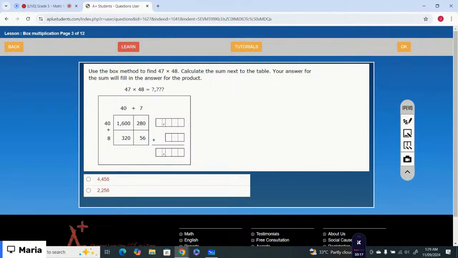That is 2256. Option number 2 is the correct option, right?